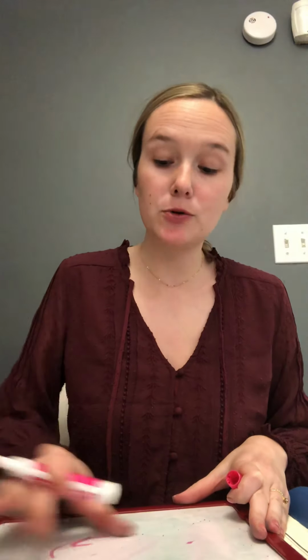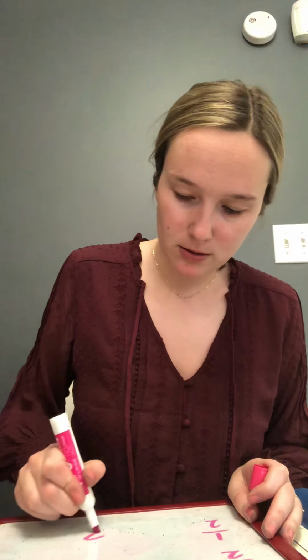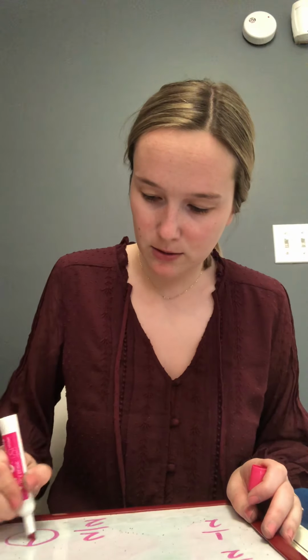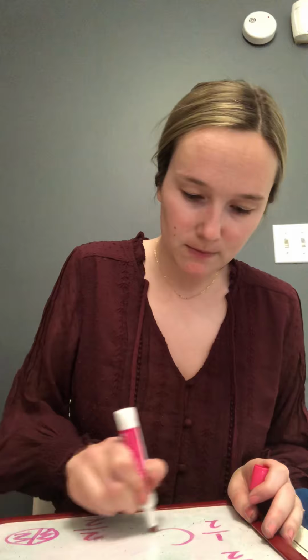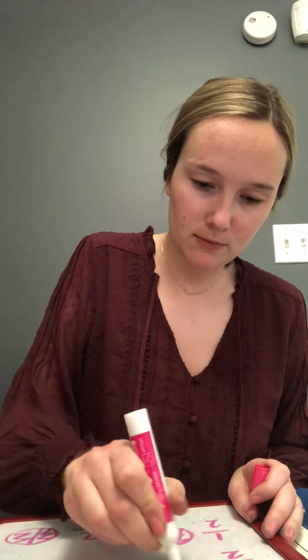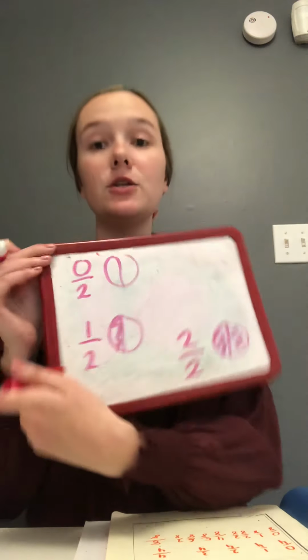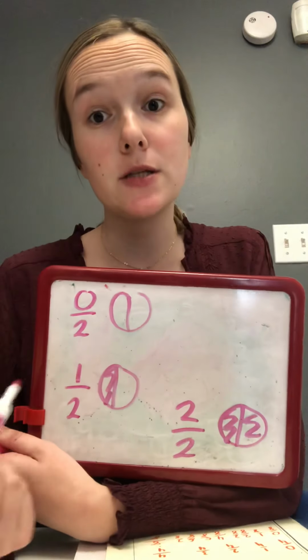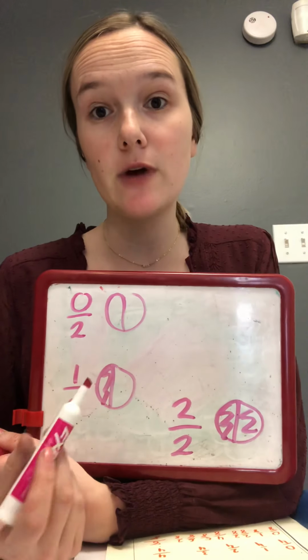So if we were to put these in order from the smallest to the largest fraction, I'm going to just show them on here. Okay, so each pizza has the same amount of pieces because our denominator is the same for all of these fractions.